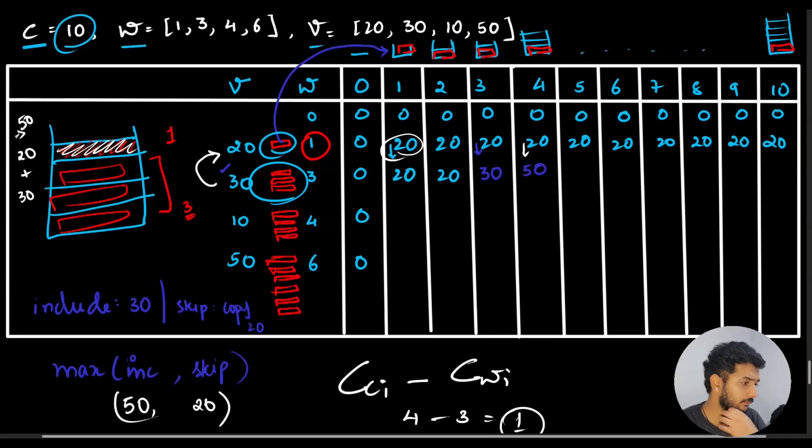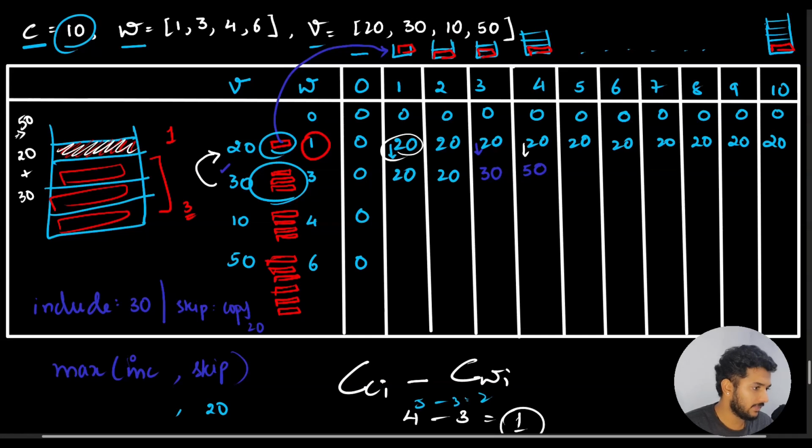So on 5, let me repeat the same thing. It is between 20. I'll write the formula here. So it is simply 20 from the previous cell, and 5 minus 3, that's 2, and that will be 20 for all the cases.